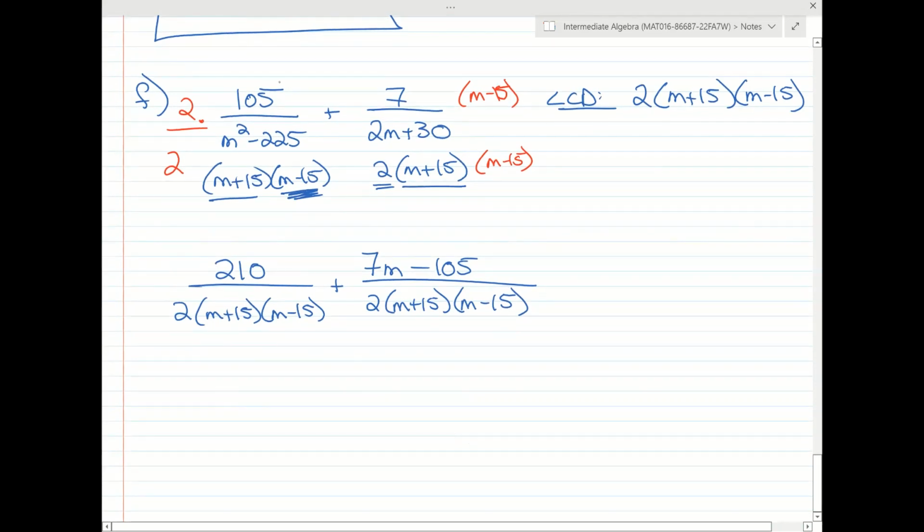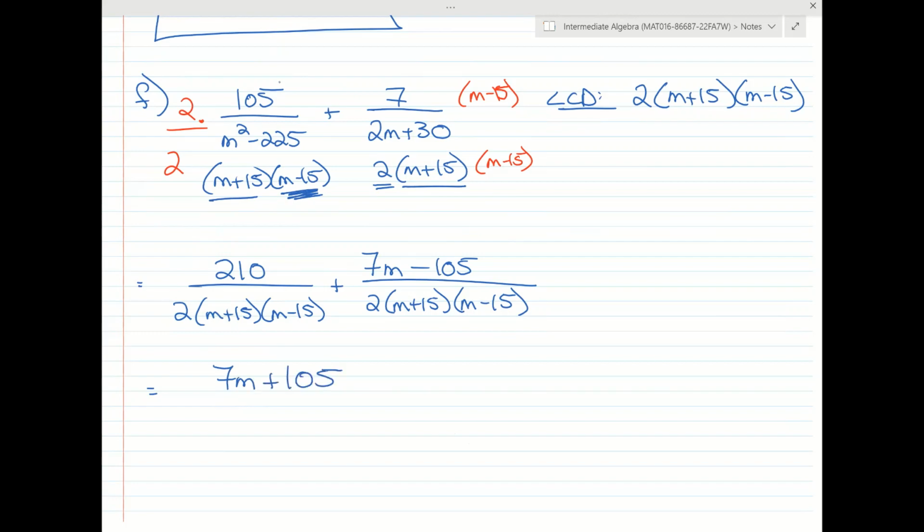Then combining our numerators, we'll just do 210 minus 105. We get 7m plus 105 divided by 2 times m plus 15 times m minus 15.